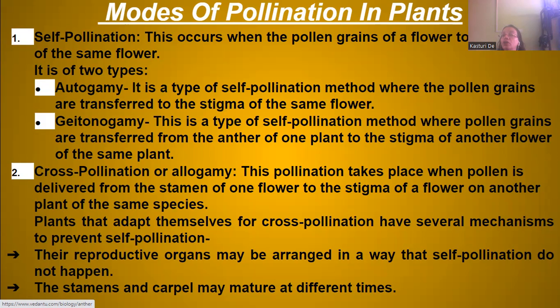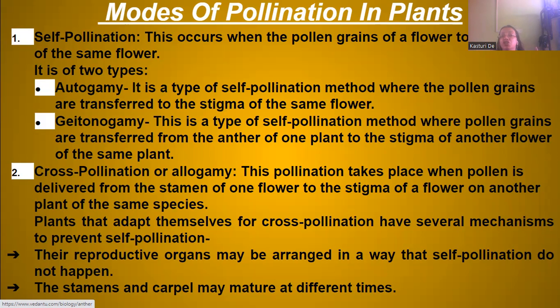So, self-pollination has two types, as I told you: autogamy and geitonogamy. Autogamy is the self-pollination method where the pollen grains are transferred from the anther to the stigma of the same flower.